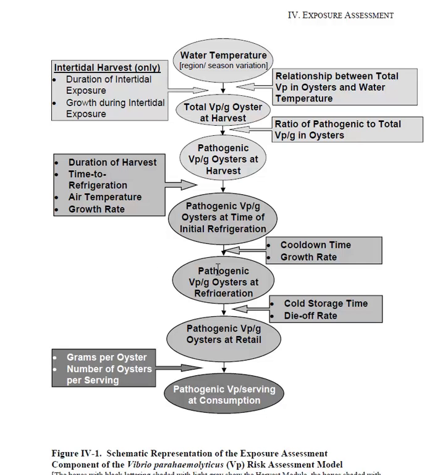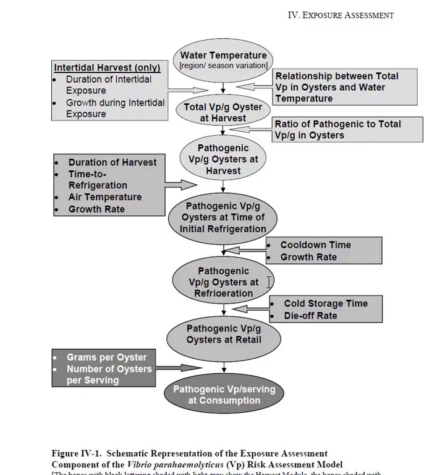So once again, we are estimating the number of Vibrio per gram of oyster flesh at the time the oysters are finally cooled down. Now, while they are in refrigeration and at the colder temperatures, the bacteria begin to die off. So the length of time that the oysters are stored in refrigeration at cold temperatures is going to be important. And that will vary as well.